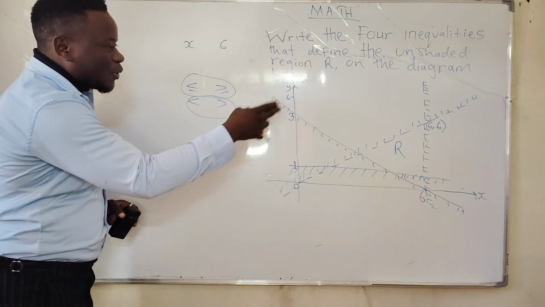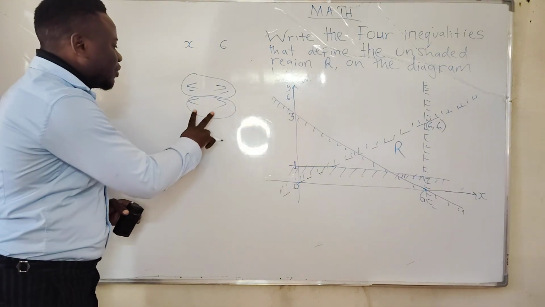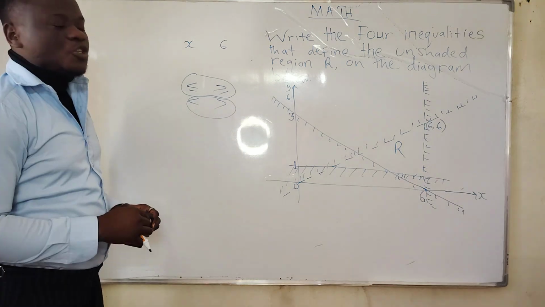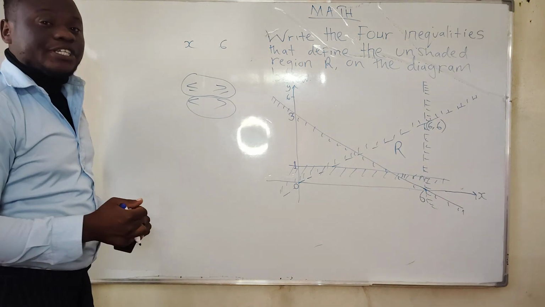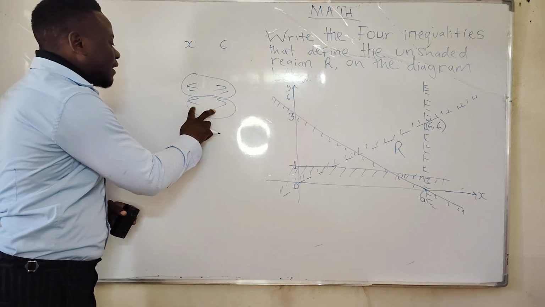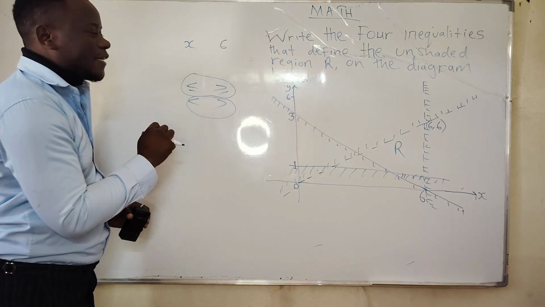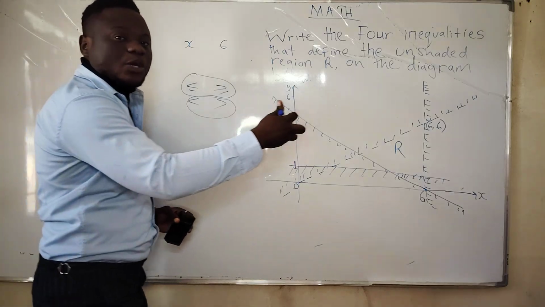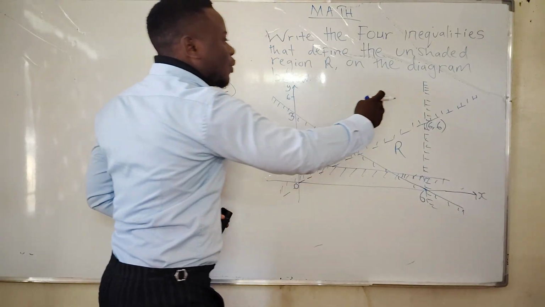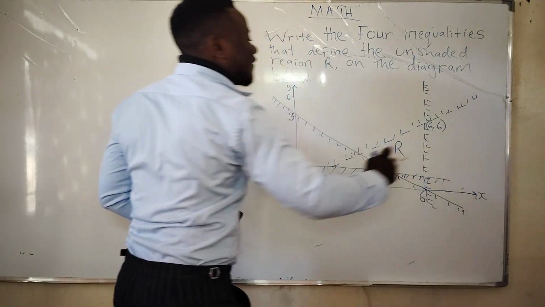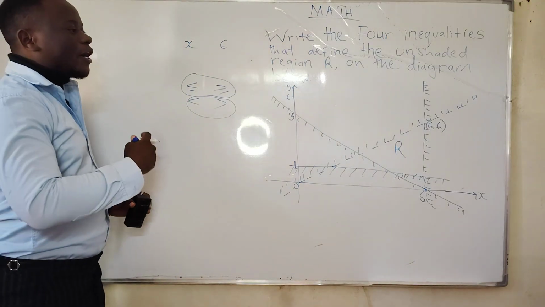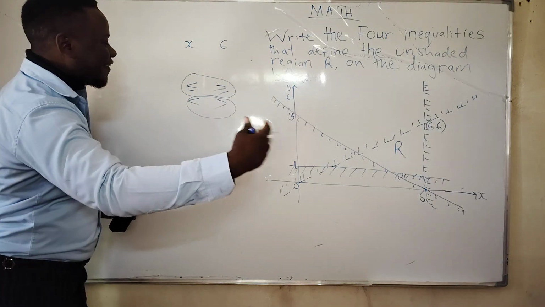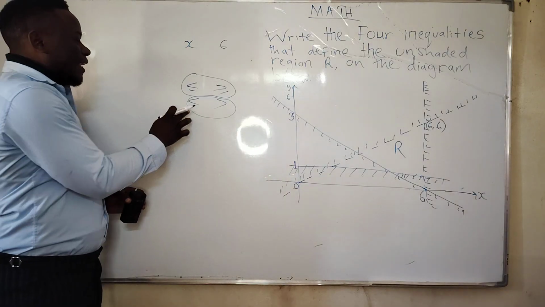Since our line there is dotted, you check which inequality should I use. It's here where you can't guess, so I'll use a shortcut for you to know which inequality to use. Come here and check where it is shaded. Where it is shaded is on the right side. If the shaded side is on the right, then you use less.